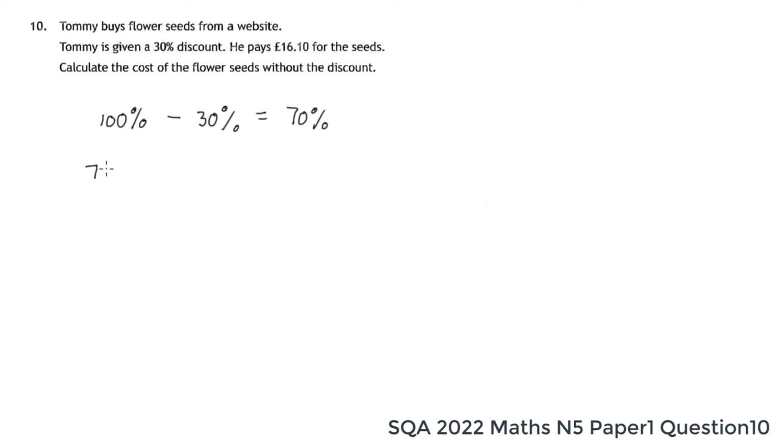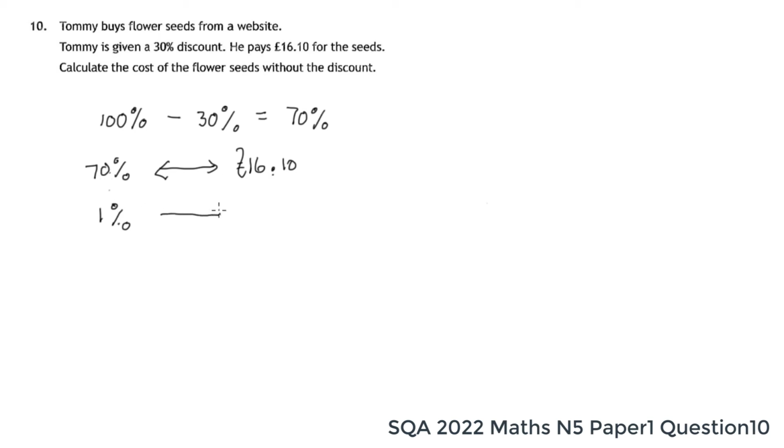So we can equate 70% or match up 70% with what he pays. That's £16.10. Now, one of the ways of finding out 100% would be to first of all find what 1% would be. Now, if we know 70% is this, 1% will be 1/70th.